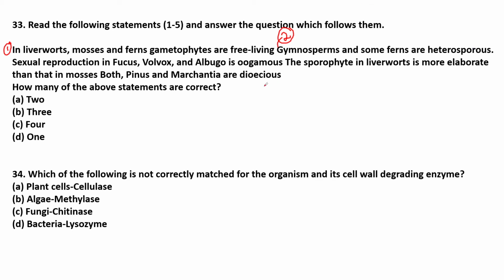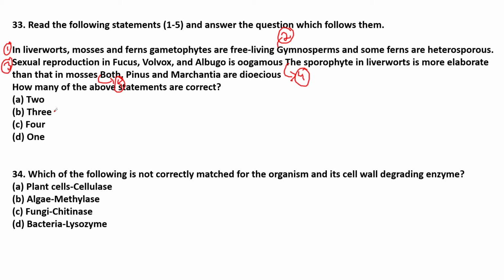Third, sexual reproduction in Fucus, Volvox, and Albugo is oogamous. Fourth, the saprophyte in liverworts is more elaborate than that in mosses. Fifth, both Pinus and Marchantia are dioecious. How many of the above statements are correct?